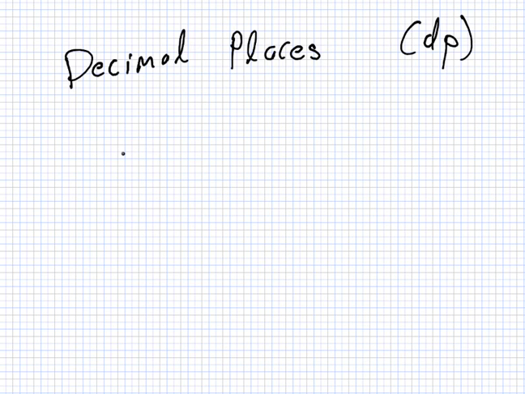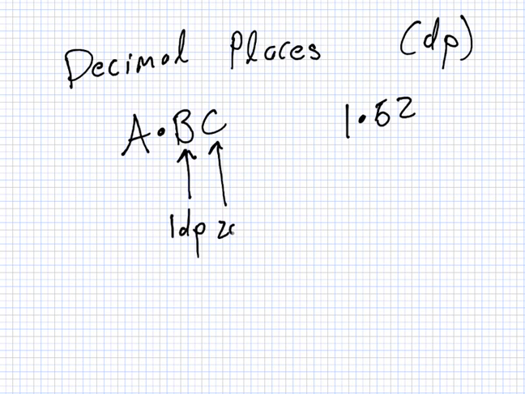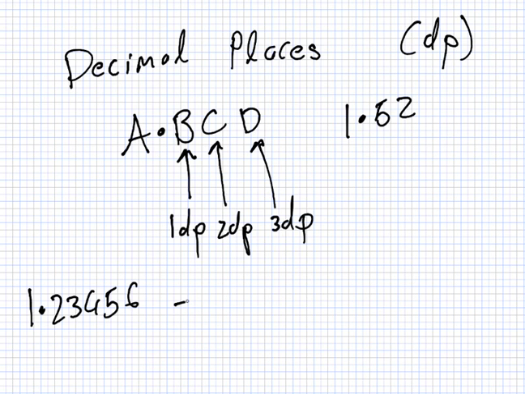So if I have a number like A dot B, for example like 1.52, this one is called the first decimal place. This one here is the second decimal place. This is here the third decimal place. So for example, if I say 1.23456, if I want that to one decimal place, what would that be?